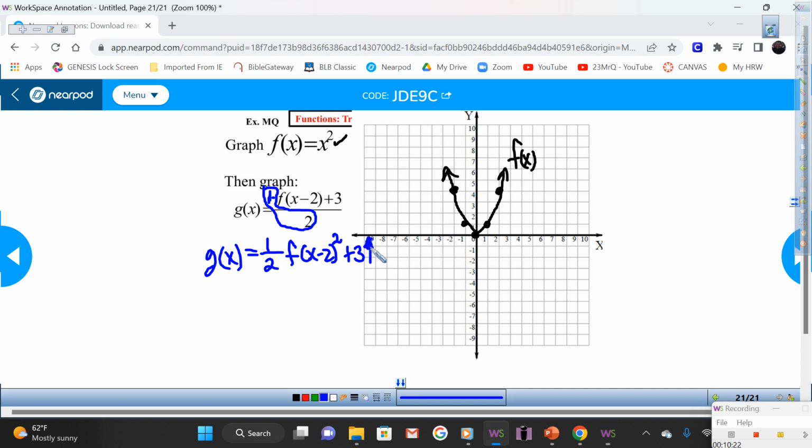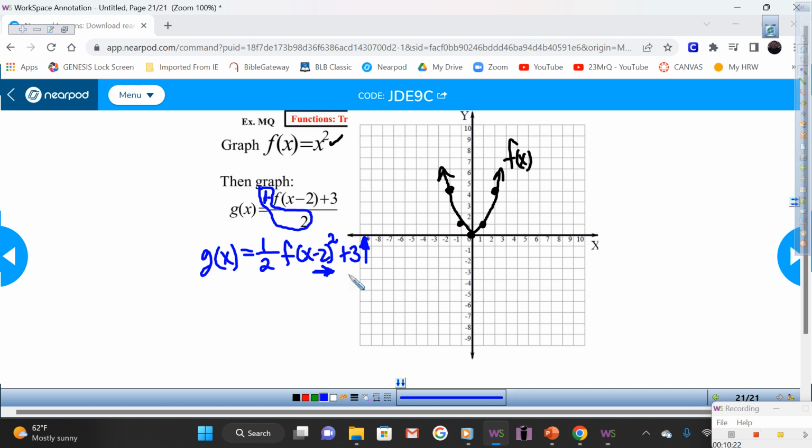Up, draw an arrow right there that it's going to go up. How about this 2? To the right, draw an arrow to the right. That is correct. All right, so now that we have that, I want you to circle with a different color the 1/2. 1/2. All right. So, being that it's a fraction, it's going to compress this original one.